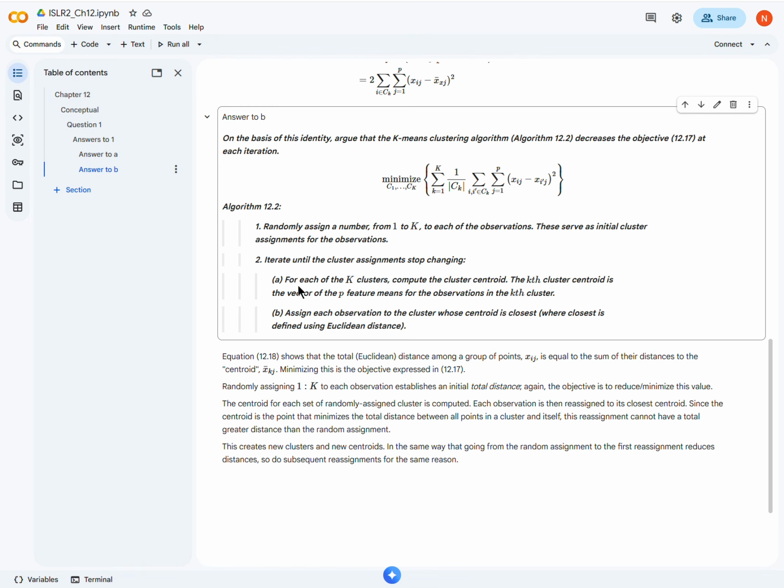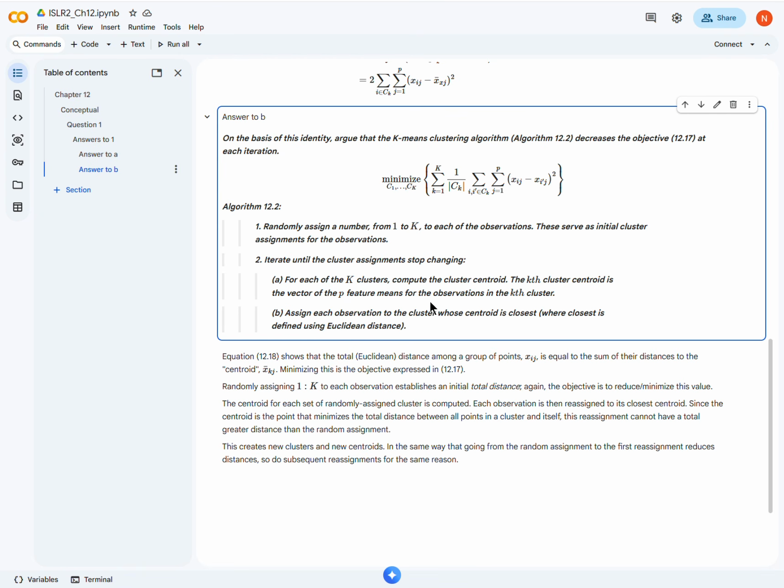And the way that this algorithm works is that for each of the k clusters, which remember at this point, step 1, are just randomly assigned clusters, we find the centroid. Okay, so that's basically the middle of the points in the cluster. Now remember, these clusters exist in some n-dimensional space, so that, quote unquote, center is in the middle of some n-dimensional space.